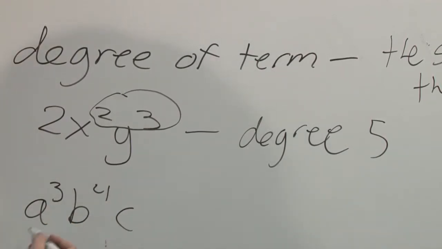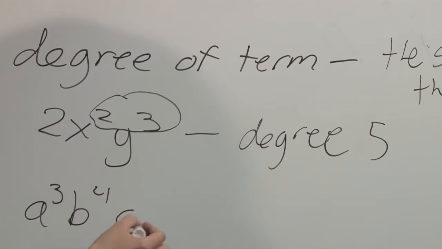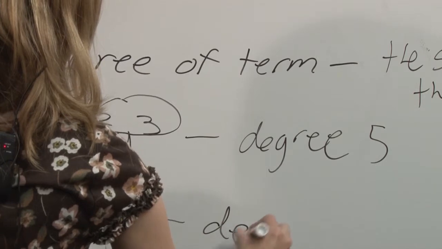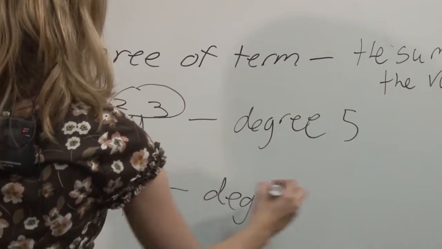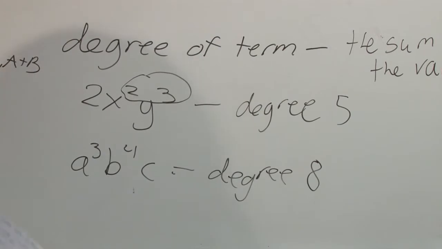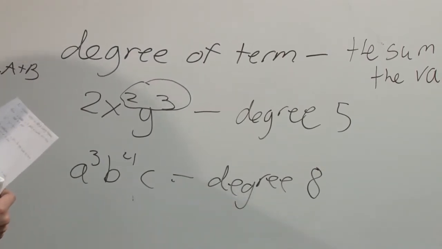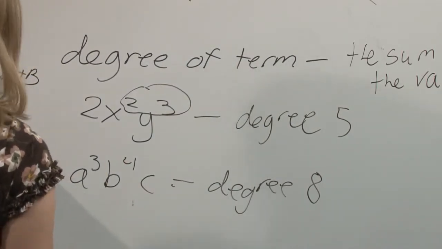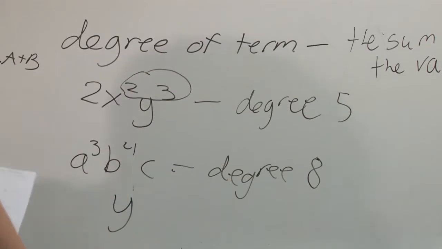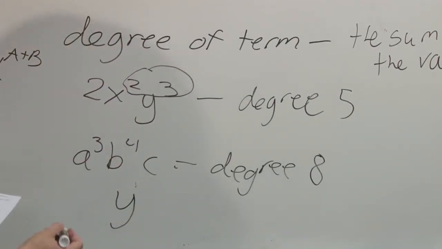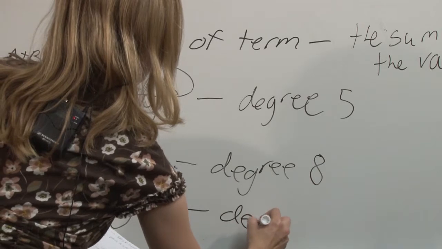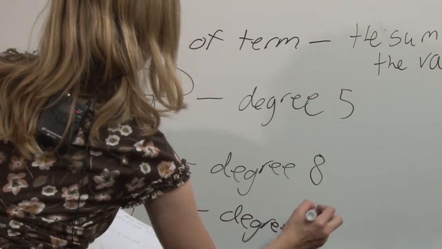If I had something like this, I would take the 3 plus the 4, and there's just one c, so I would add another 1. So this would have degree 8. Another thing I want to mention, if you have a term that's just like y or 2y, 2x, where it just has the variable raised to the 1 power, your degree is always 1.